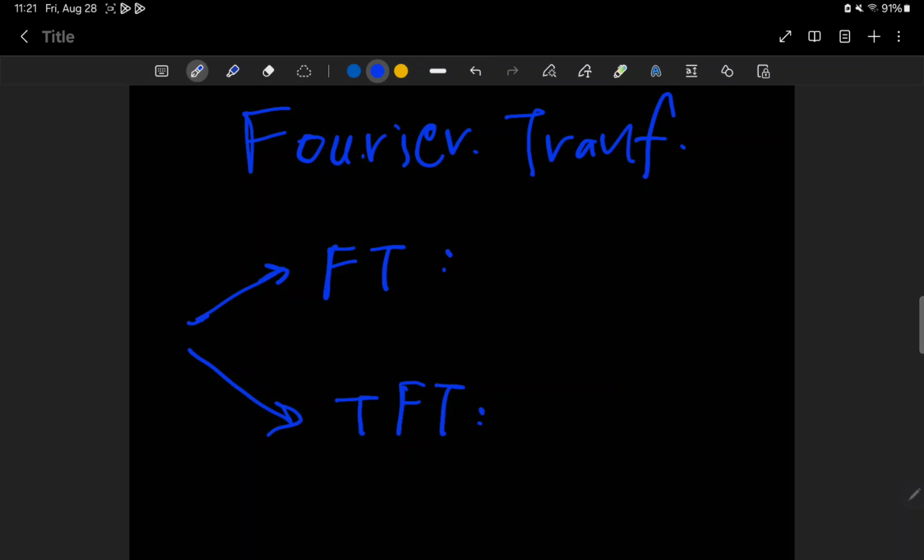And each one actually has its own purpose. So if I want to analyze or filter a signal, I'm going to use the forward Fourier transformation.